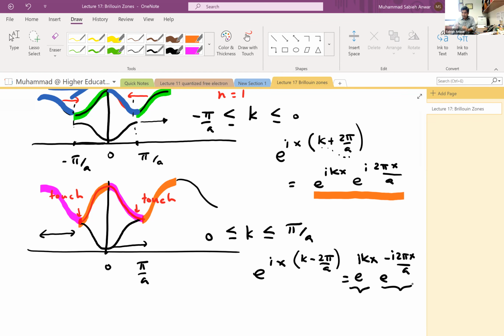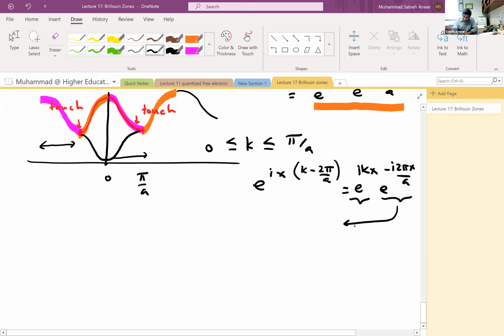Therefore, I can identify this function by another periodic function u(x), and of course it depends upon what the k value is, but it is also characterized by another number.